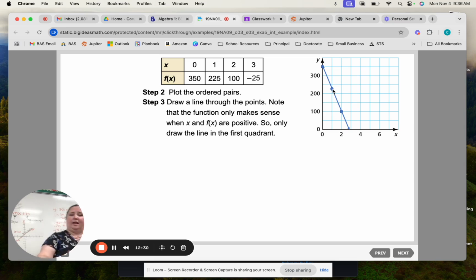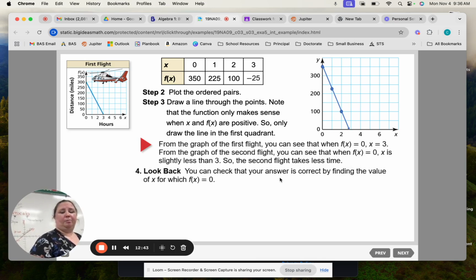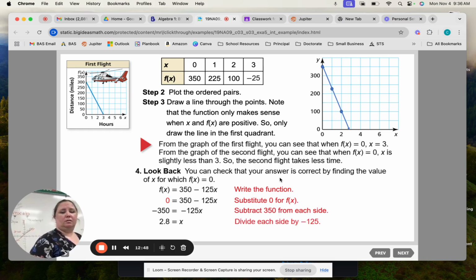So you see on their graph, it crosses the line at almost 3. So that would have been correct. All right, so if we compare the two graphs, the first flight took how many hours? See over here, the first flight took 3 hours to go 300.